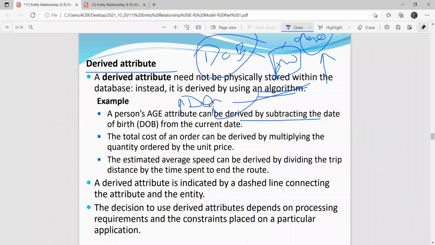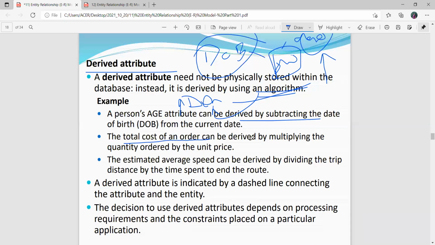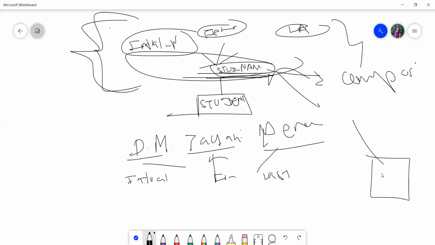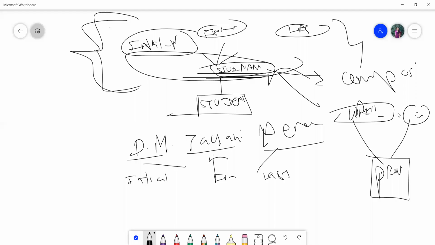To form a derived attribute, you need to use 1 or 2 attributes in your entity. The total cost of an order can be derived by multiplying the quantity ordered and the unit price. As an example, you can see this is the product, this is the unit price, and this is the quantity. If you need to calculate the total cost, you can use these 2 attributes.